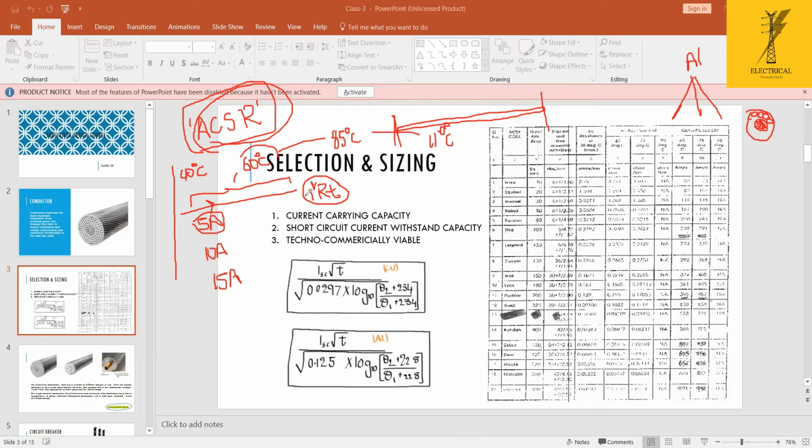This process occurs based on the current flow, because the heat depends on the square of the current. So the temperature mostly depends on the current. If you increase the current, the temperature of the conductor boosts up. So up to which level? I designed a conductor and I am sending 1 amp, 2 amps, 3 amps, and it is working.